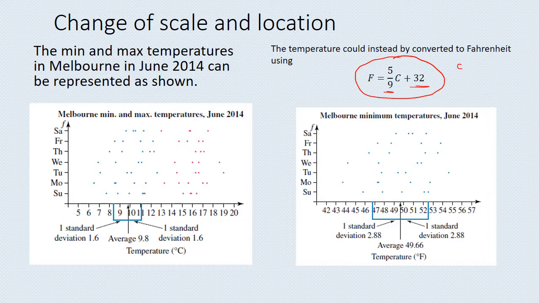So we're converting units is often what we're doing with this kind of question. When we're having a look, we can see that the average temperature given here has changed and the standard deviation has changed as well. So we've got a new average and a new standard deviation in this case.